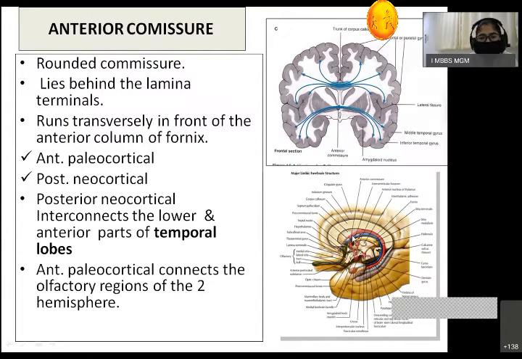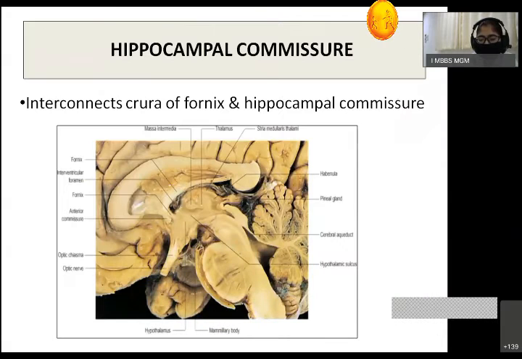It shows two parts, anterior paleocortical fibers and posterior neocortical fibers. The posterior neocortical fibers interconnect the lower and anterior parts of the temporal lobe, and the anterior paleocortical fibers connect the olfactory region of the two hemispheres.